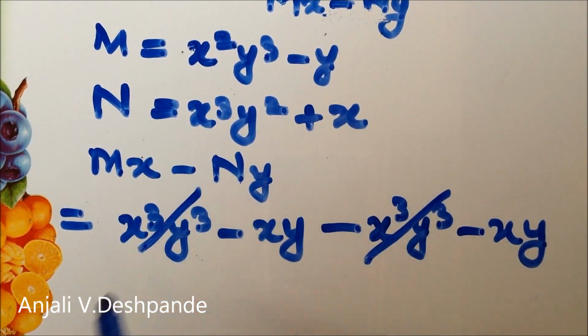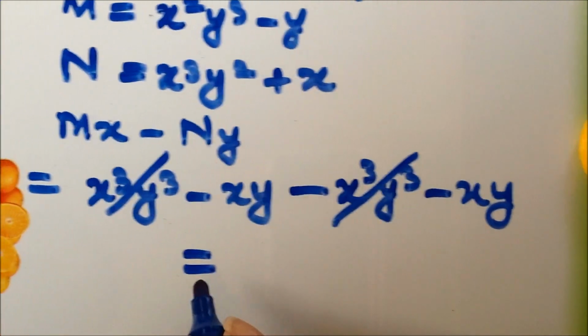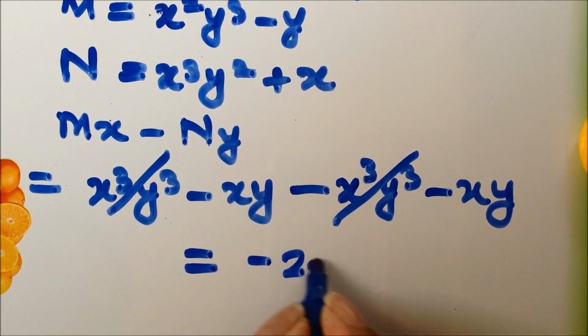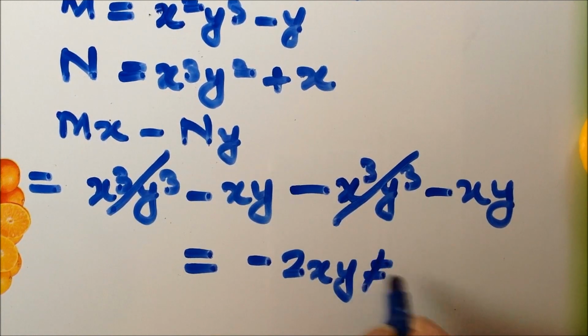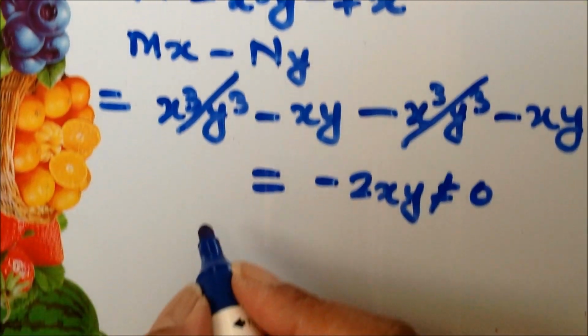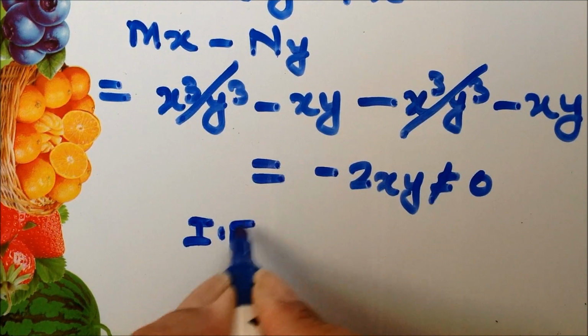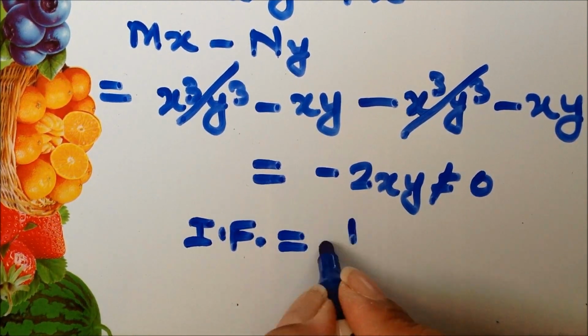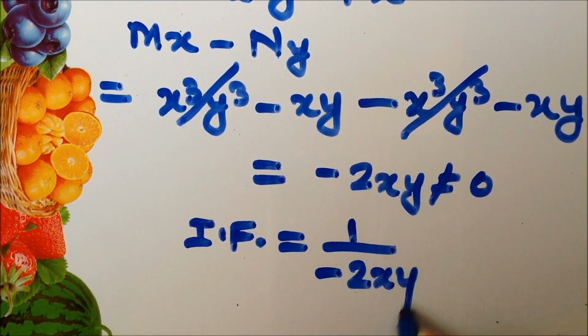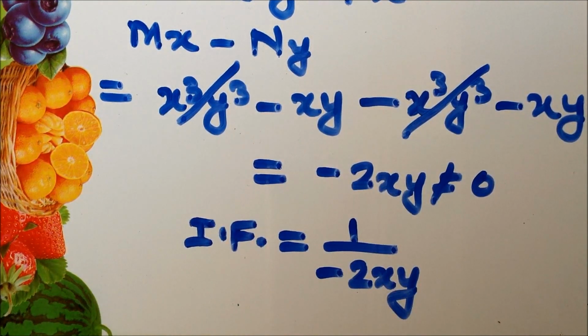So these two terms get cancelled and we are left with minus 2xy, which is not equal to 0. So the integrating factor in this case is given by 1 upon minus 2xy. So this is the integrating factor.